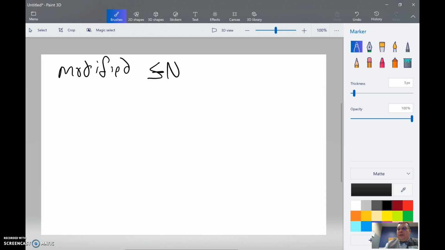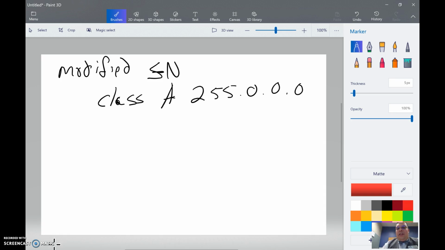that we want. So where I saw the most errors was when we had a class A, which had the 255.0.0.0. We start there, and we're given, I think, the IP of 10.1.1.0.